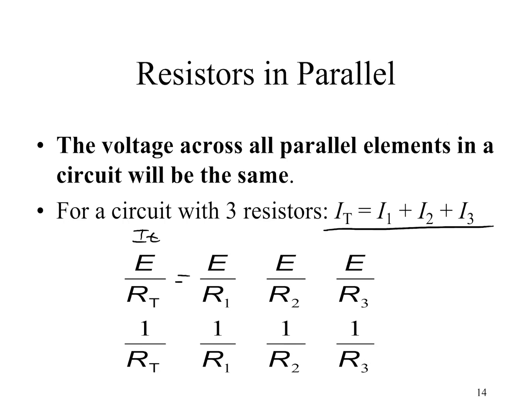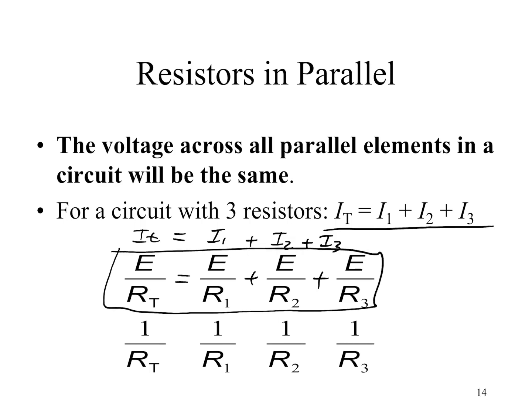I total is equal to the sum of each branch current, and each branch current is being represented here as E over R. So this is I1, this is I2, this is I3. We know I total is equal to the sum of all those, so this is the same equation as the current being represented as E over R.